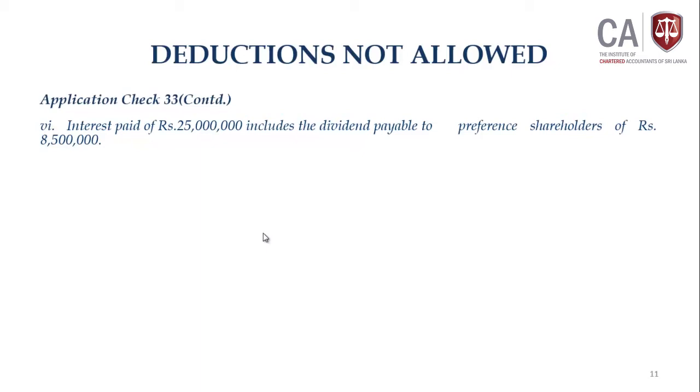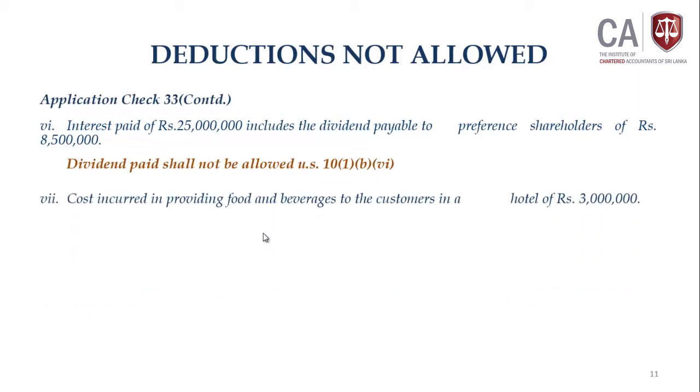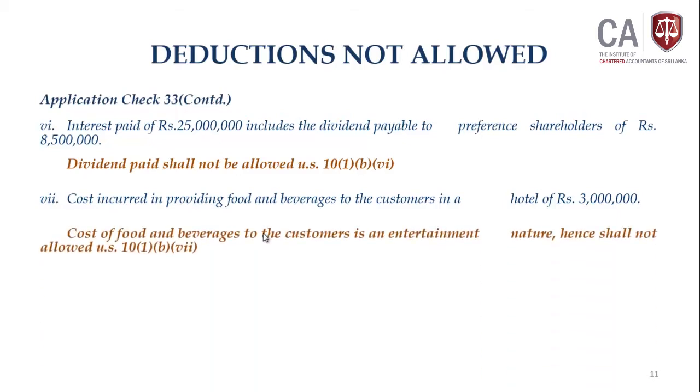Therefore, as you know, under section 10(1)(b), dividends are not allowable. So dividends shall be disallowed under section 10(1)(b). The cost incurred in providing food and beverages to the customers in a hotel, that is directly entertainment expenses that you can't claim for tax purposes. Okay.